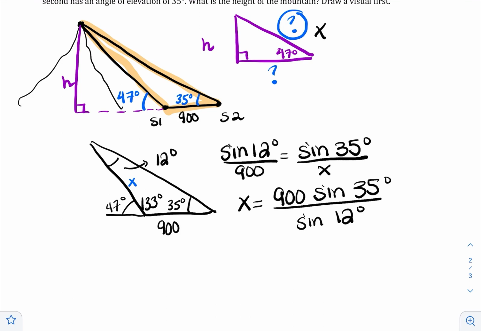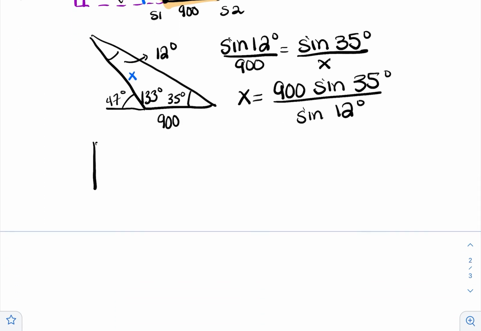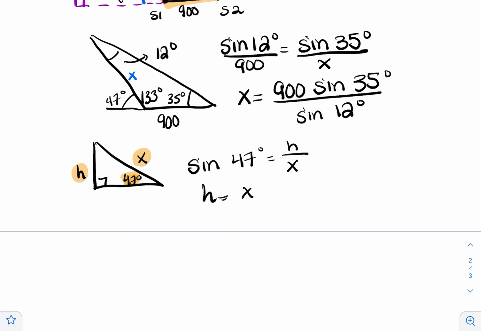I found that. So what I can do next is, now that I have that X here, so this is my right triangle, this is H, this is 47, this is X, I can use SOHCAHTOA because I have opposite and I have hypotenuse. So I have the sine of 47 degrees is equal to opposite over hypotenuse, which means that the height is X sine of 47 degrees.